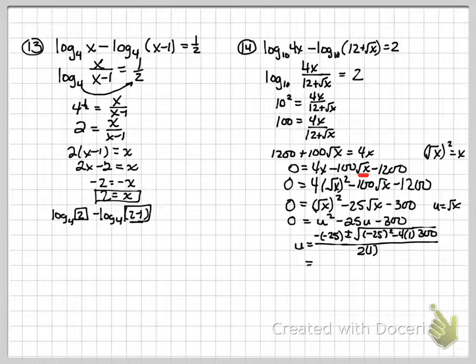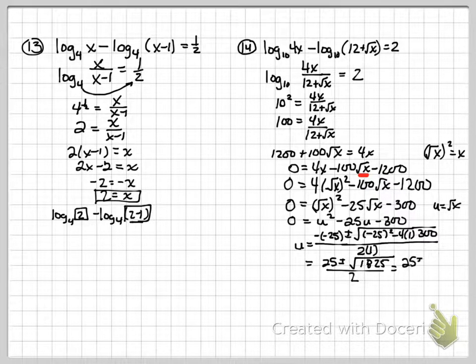Alright? And that gives me 25 plus or minus the square root. If I simplify everything under my square root, I get 1825, divided by 2.